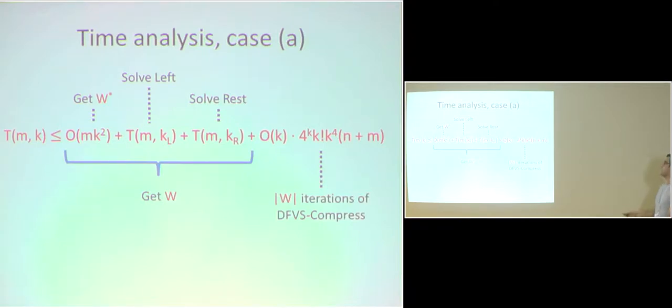And if you stare at this inequality, you actually see that this is a recursion that basically solves to what we want it to solve to. And really, the point here is that when you branch, you have this recursion tree with k_L and k_R, and your k distributes across the two things.